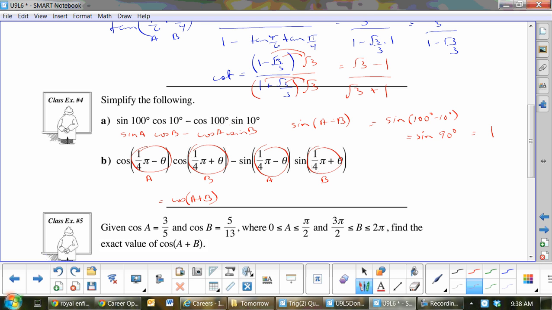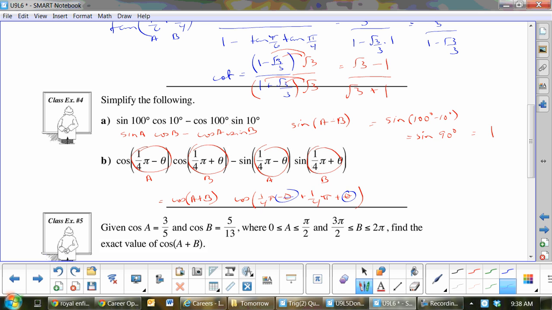And that would be cos 1/4 pi minus theta plus 1/4 pi plus theta. Now, do you see how you have a negative theta? Oops, this looks like a 0, sorry.